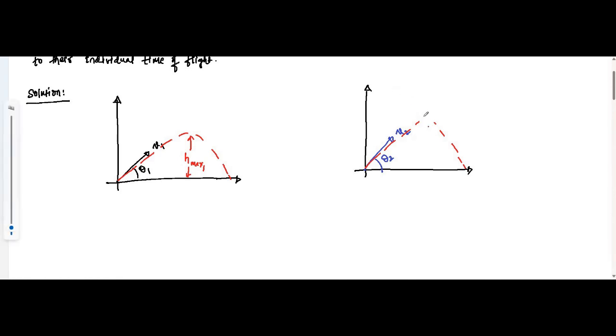So they have the same height. h max 1 and h max 2 are the same according to the question.